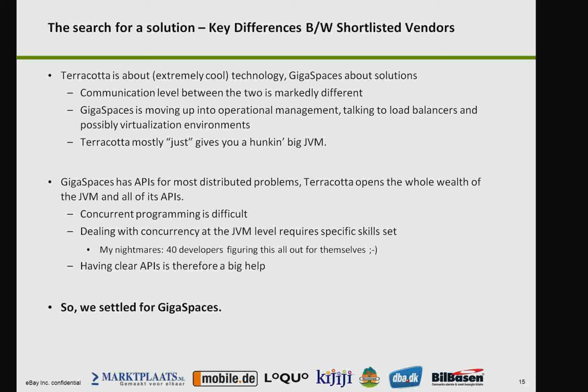Java concurrent programming is very hard, which meant that either we needed to train all our 40 developers to be cracks at Java concurrent programming, or we needed some help there. And GigaSpaces basically gives us all that help by giving patterns and having pre-cut, predefined libraries you can talk to to implement these patterns.